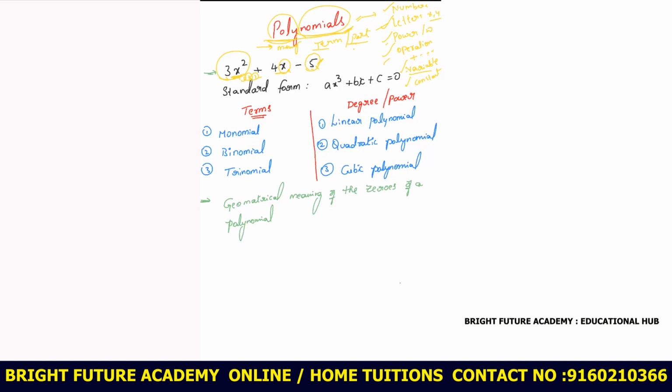So for example, you will get something like x cube plus 4x power 4, 2 to the power square, and 5 equals 0. Is this a standard format?